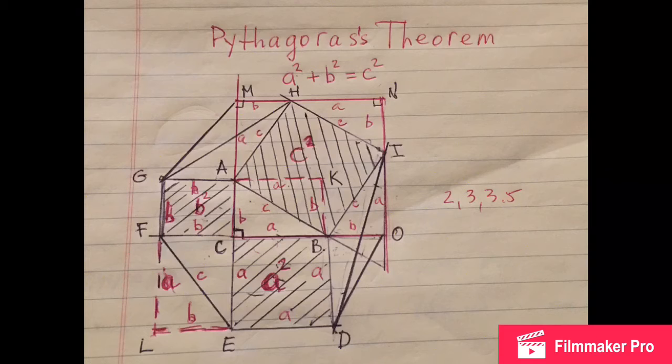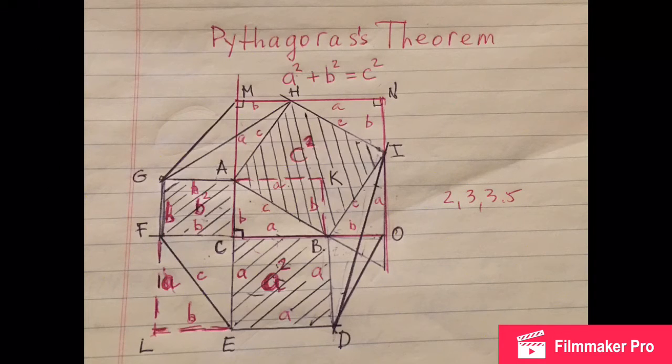Next, let's draw another square through line segments GA, GF, DE, and DB. Then we obtain the square GKDL.